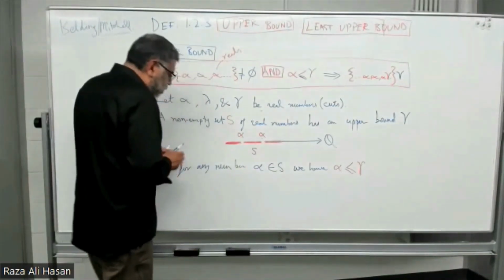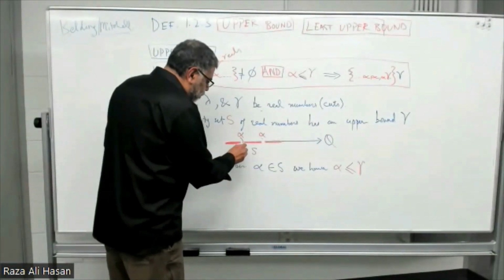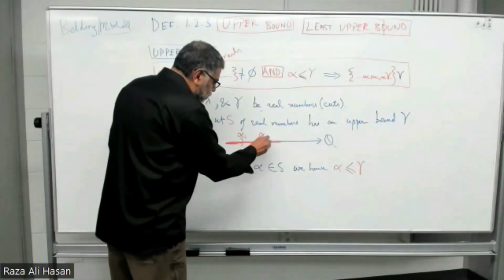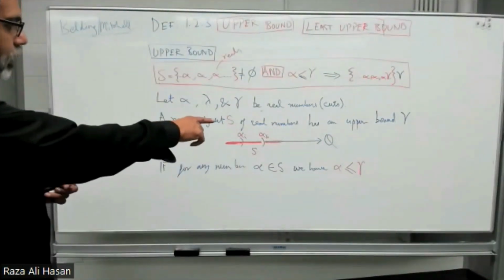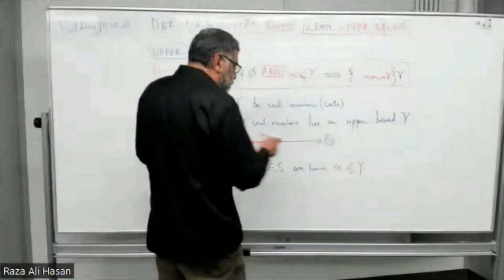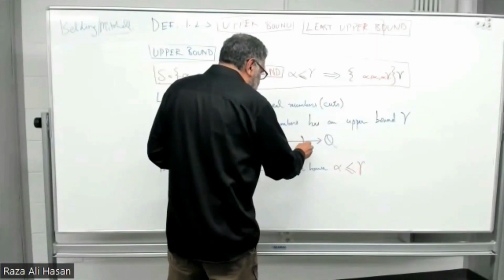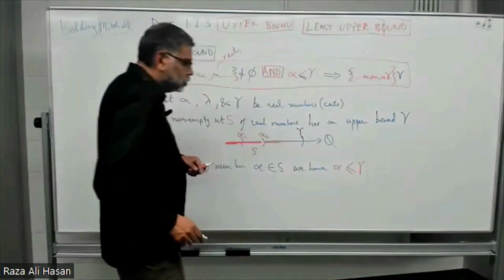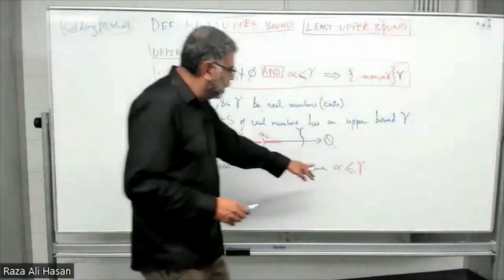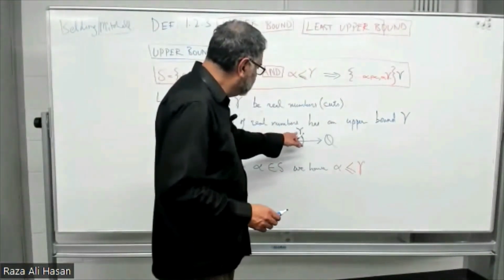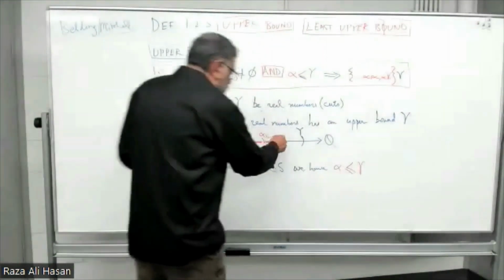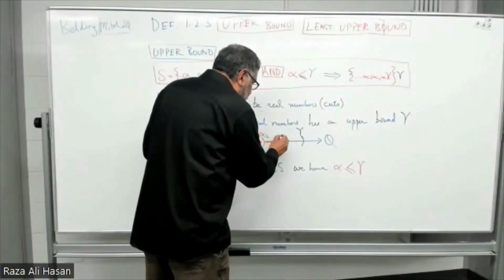We want to make it look like this. So this is alpha less than gamma when gamma is sitting here. When is alpha less than gamma? When it's here. When is it equal? Right here.